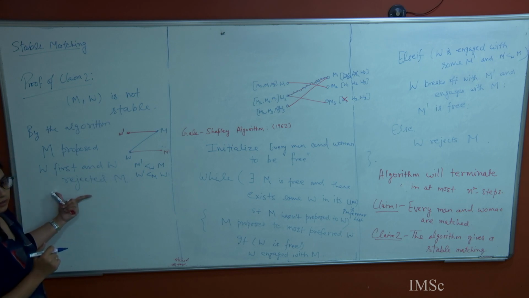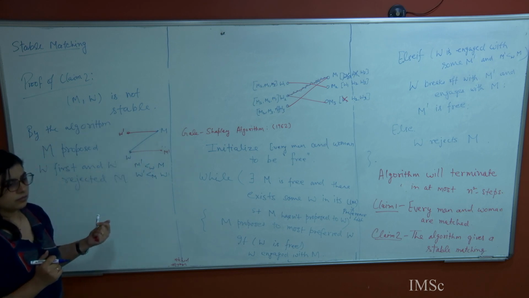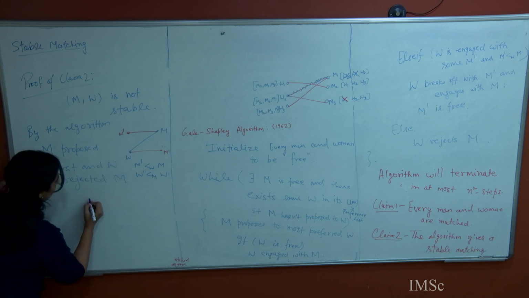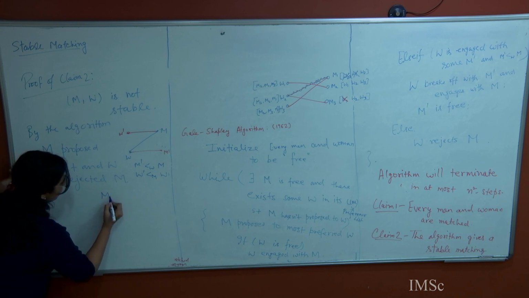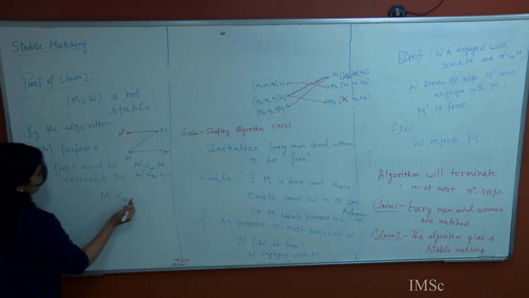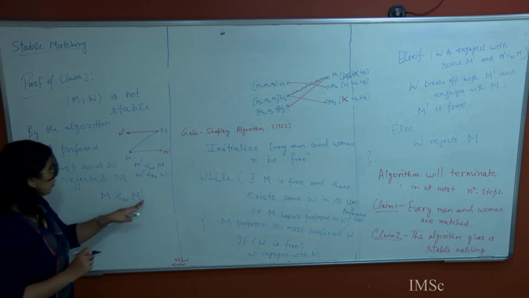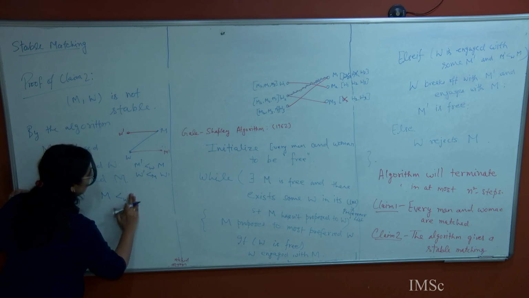What does it mean? If W rejected M, W has a more preferred partner. Yes. So, that means the preference for M is less than its current partner, or not this partner, but something else.